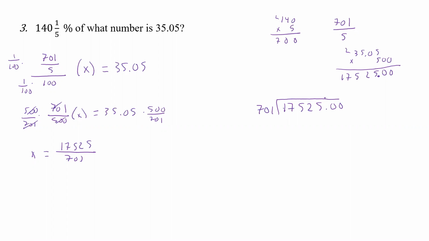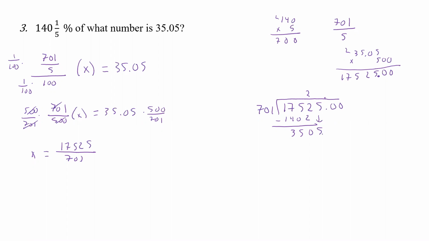So 700 will go into, okay, so our first position is here. That's 1700, and if we take that times 2, that's going to give us 1402. And so that's going to be a good first start. So 2 minus 2 is 0, 5 minus 0 is 5, 7 minus 4 is 3. That's less than that, so that's as good as it gets.